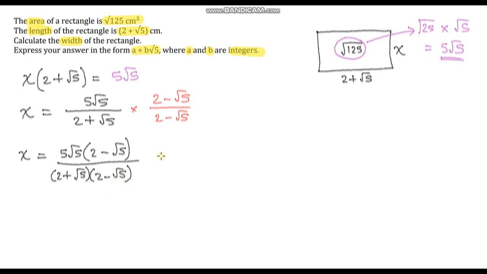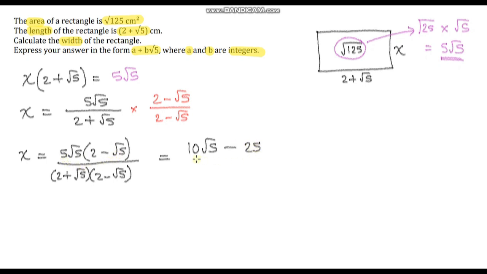So let's just write equals here. Let's do the numerator first. So 5 root 5 times 2, well, that's 10 root 5. We've got 10 root 5 minus, and then 5 root 5 times root 5. Well, root 5 times root 5 is just 5. And then if we multiply that by 5, we get 25.